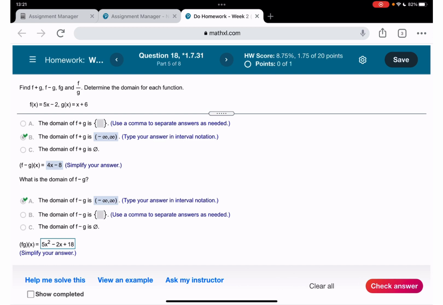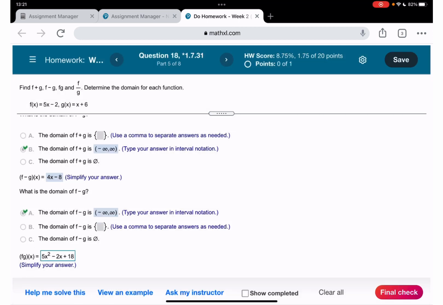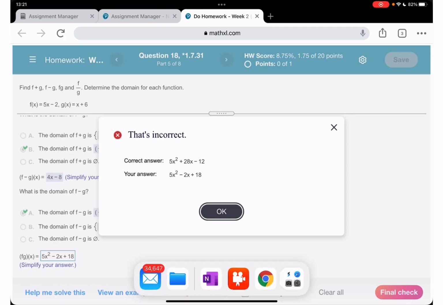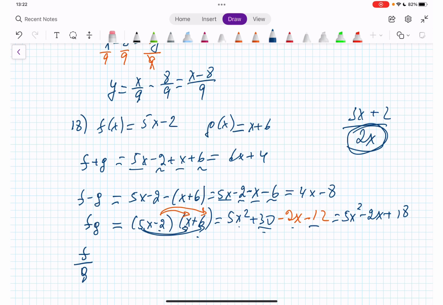I need to know what the answer is. Why is it not taking it as an answer? It shows 28. Let's go back. Two times 6 is 12. How will I get 28?